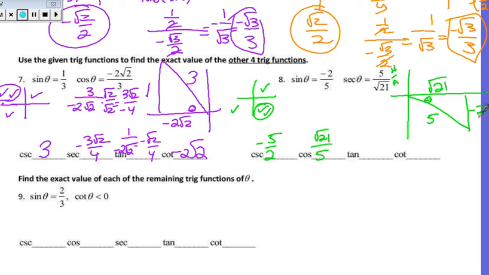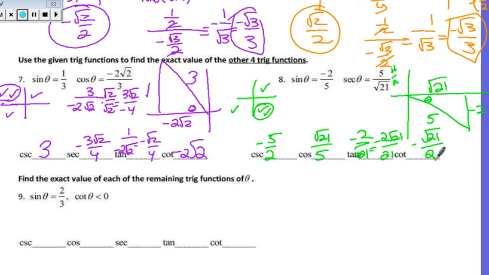Tangent is the opposite over the adjacent side, so it's negative 2 over root 21. Rationalized, looks like negative 2 root 21 over 21. And the cotangent of this would be the reciprocal. So we are looking at negative root 21 over 2.